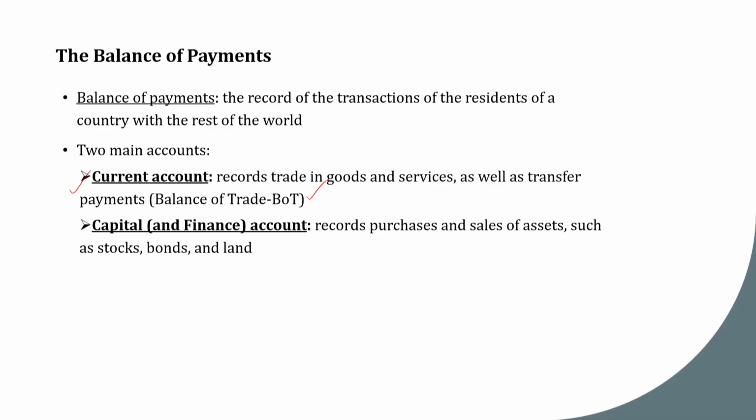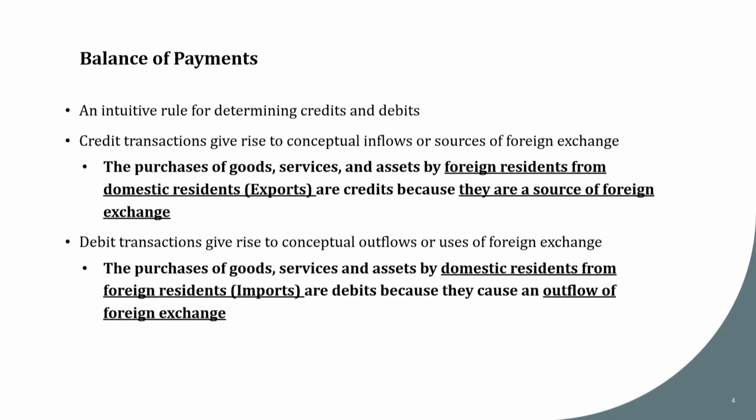The second one is called the capital and finance account, but often we call it the capital account, though it also includes the finance account. It records purchases and sales of assets such as stocks, bonds, and land by foreigners in India and Indians abroad. So these are the two main components.